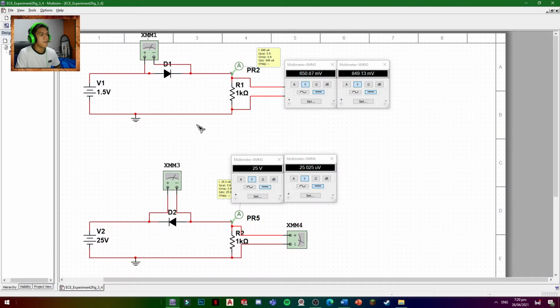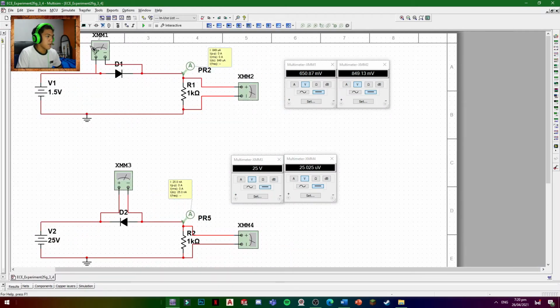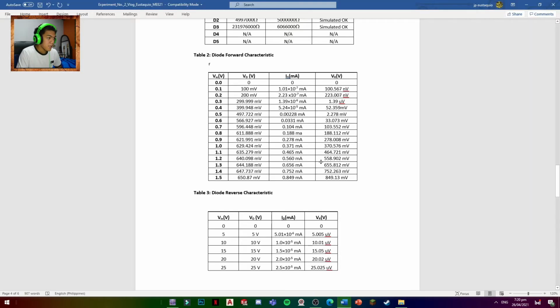This is figure 3. This is figure 4. As you can see, I already put the values that I collected from the multi-simulator in Table 2 and Table 3, so that this video is not going to take up too much time, because it's difficult to upload videos with big file sizes.